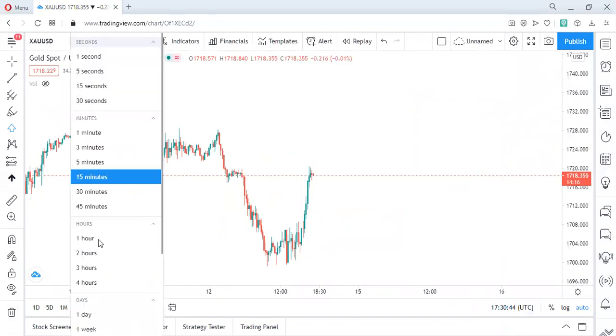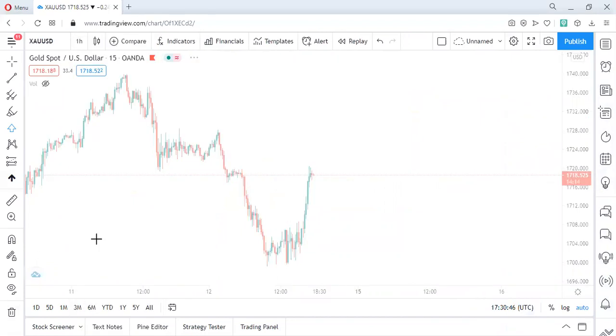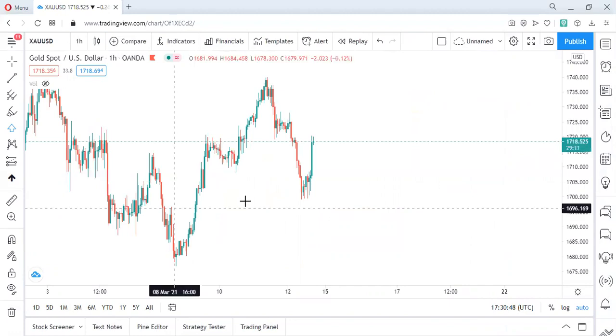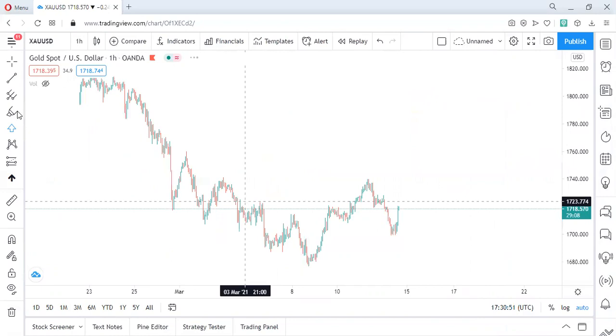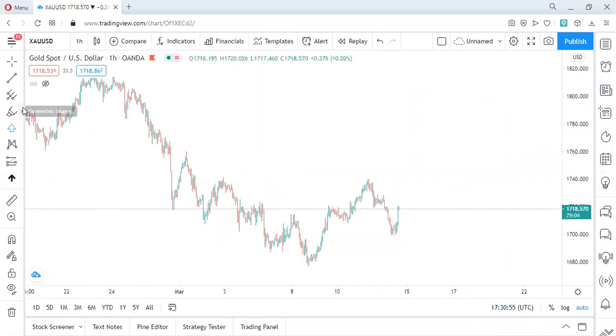So let's go on hourly. Gold is shooting. On gold we are having something like this. Simple, guys, simple. Keep your chart clean.